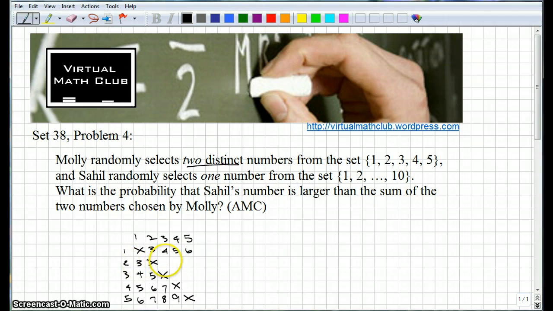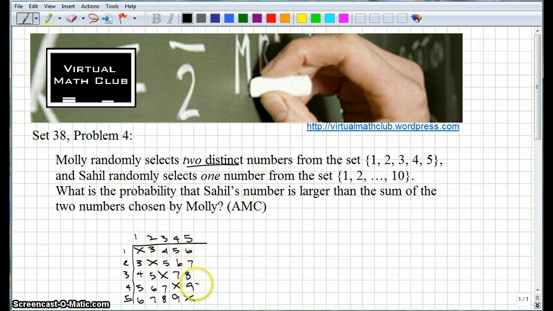If she chose 2 and 3, that's 5, 6, 7, 3 and 4 would be 7, 8, and then 4 and 5 is 9. So those are all the possible combinations of numbers, or sums, that she could end up with.